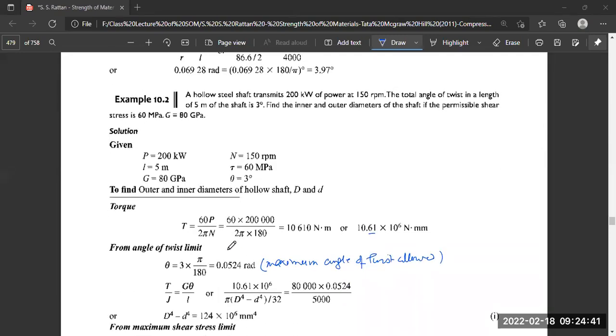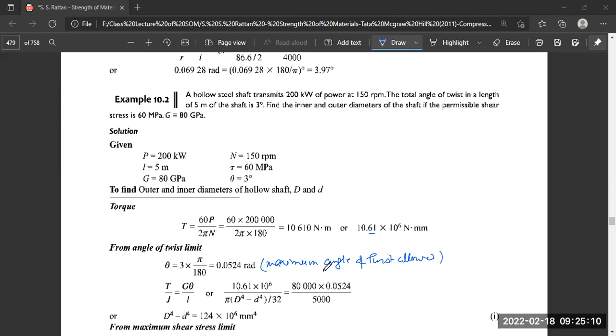The torsional moment or torque is available from this equation, P = 2 pi N T divided by 60. P is equal to 200 kilowatt, we multiplied it by 1000 to make it watt, and 2 pi, and we put N equal to 150. So the torque is 10.6 × 10^3 Newton meter, or we can again convert it to Newton millimeter, 10.61 × 10^6 Newton millimeter.